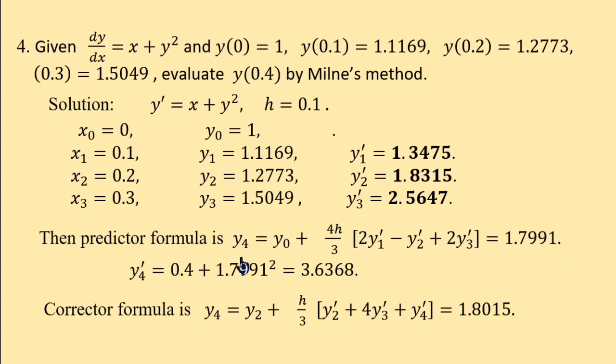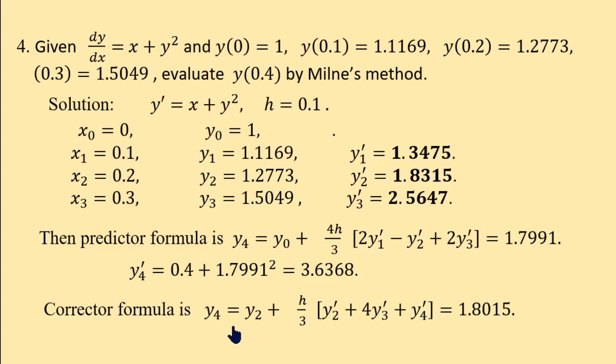After getting the y4 value, find y4 dash by substituting x4 and y4 values in the y dash formula. This y4 dash is substituted in the corrector formula. So the corrector value of y4 is y2 plus h by 3, y2 dash plus 4y3 dash plus y4 dash. So, this is the logic.